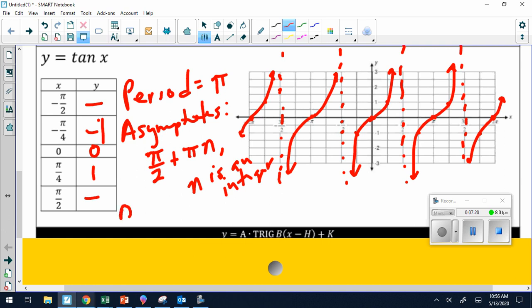The domain is going to be all values for x, where x is not equal to pi over 2 plus pi n. N is an integer.